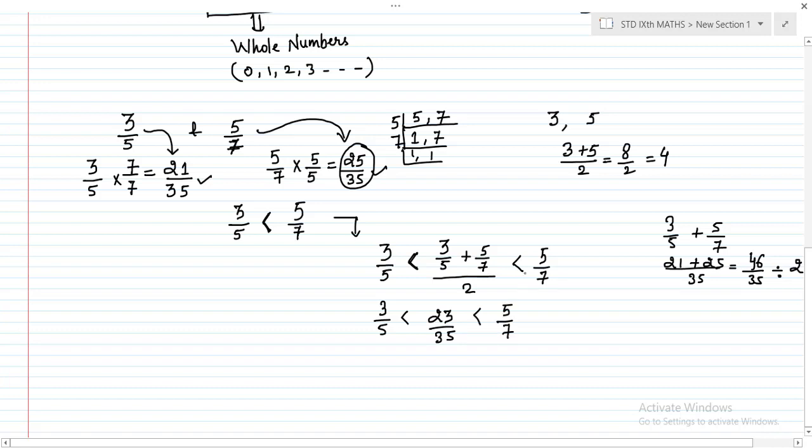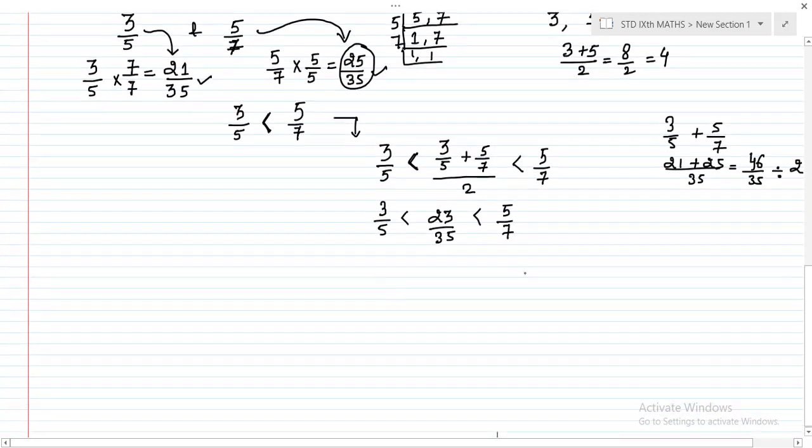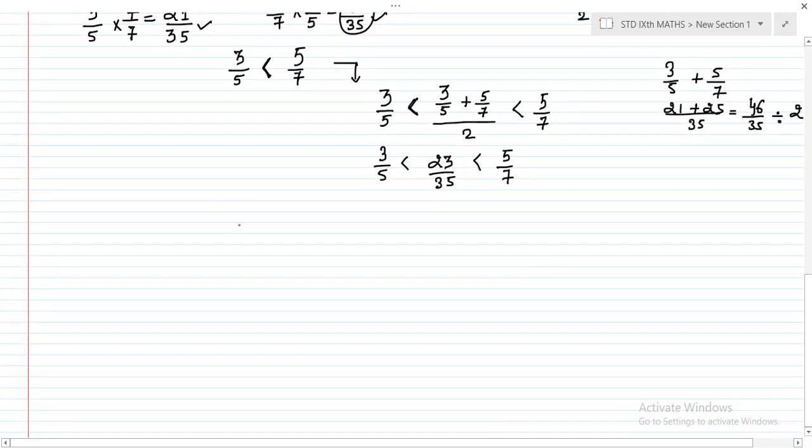Now we have already inserted one rational number between 3 upon 5 and 5 upon 7. To insert the other two rational numbers, we will insert one between these two and the other between these two. So we will write 3 upon 5 less than 3 upon 5 plus 23 upon 35 whole upon 2, less than.